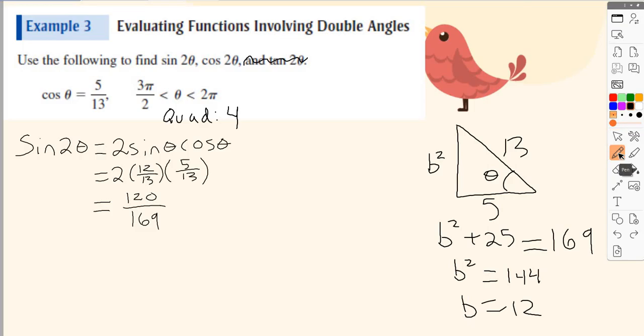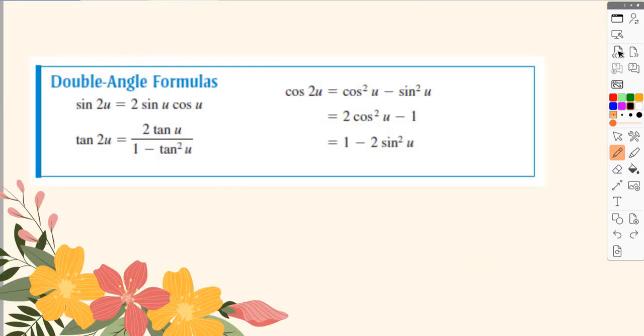And remember, we have 3 different formulas that we can choose from, and you can choose any of them. Now, I will say that usually I tend to stick to whatever they give me. So they gave us cosine, so I'm probably going to use this second one. If they gave me sine, I'm probably going to use the last one. Does that make sense? Okay, so 2 cosine squared minus 1.